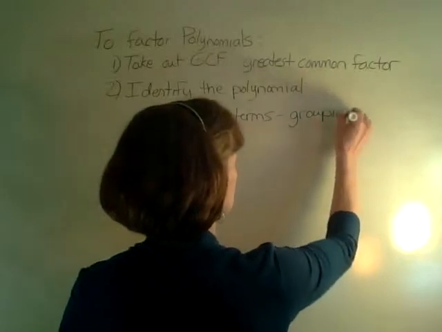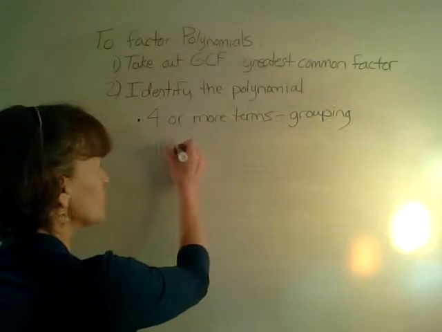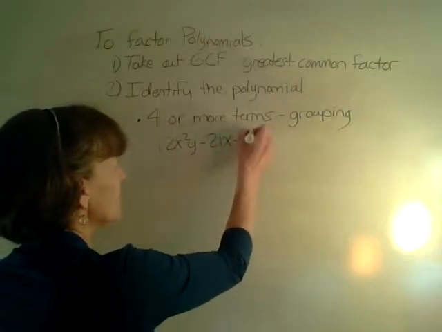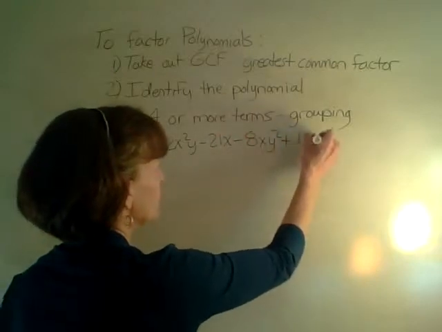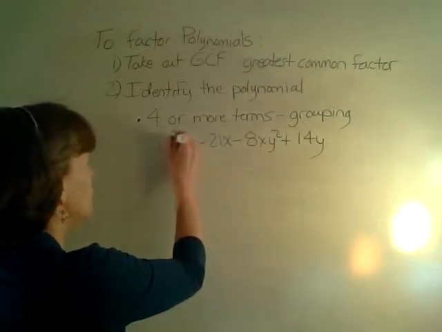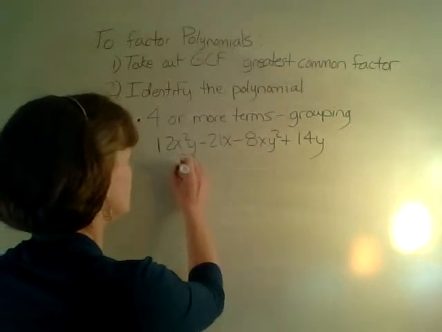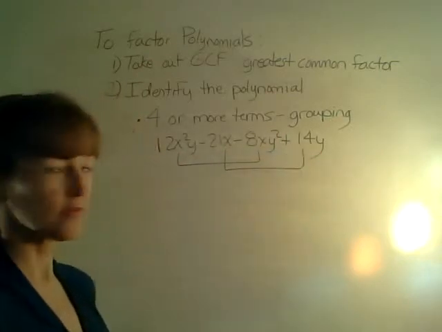So let's do another example of this. So here's a polynomial that's 4 or more terms. 12x squared y minus 21x minus 8xy squared plus 14y. Alright, I'm going to factor this, and I'm going to probably group these two terms together and these two terms together. Alright?